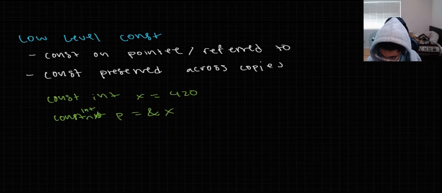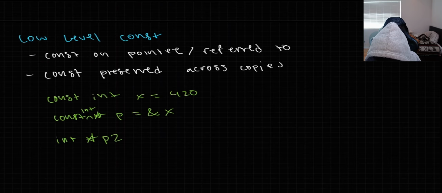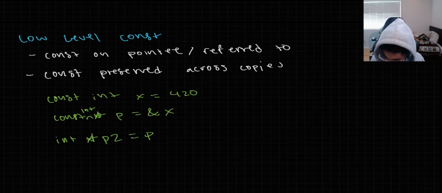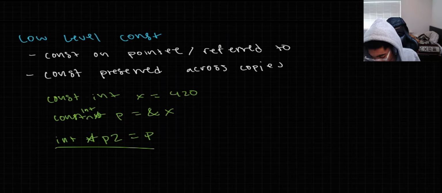And then if we were to try to, let's say, make an int pointer p2, and this holds p, what would happen is we are taking away the const. And this line right here would imply that the object inside of p is mutable, but it's not.